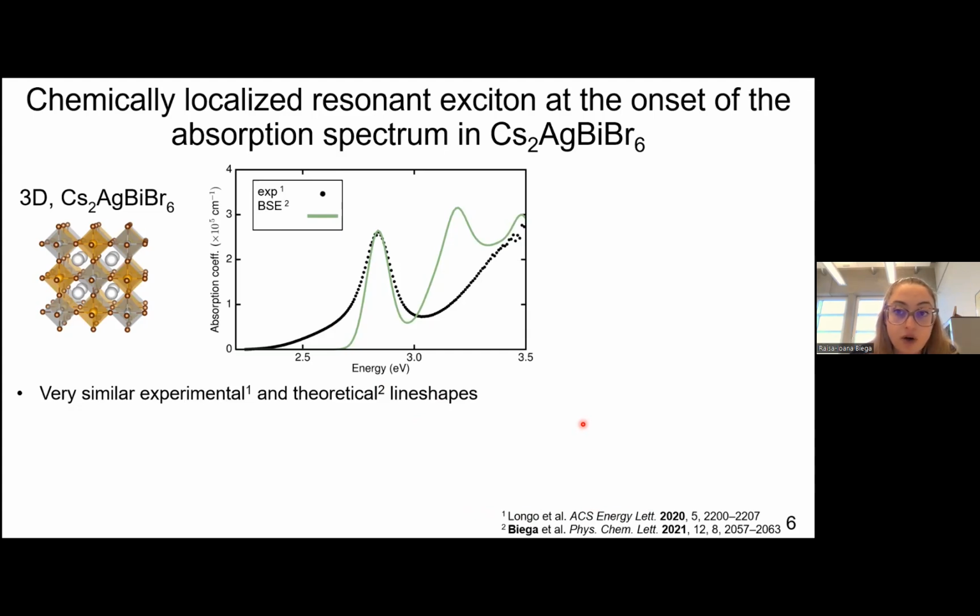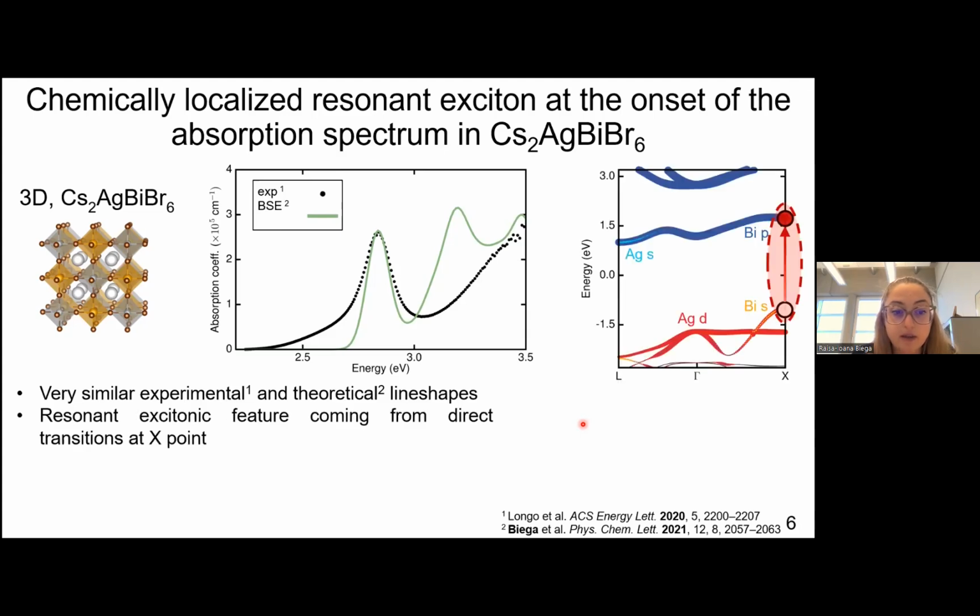We can also analyze the spectrum that we get in more detail, and we see that the excitonic peak here comes from direct transitions between the valence and the conduction band at the X point in the Brillouin zone, and this is a resonant excitonic peak.